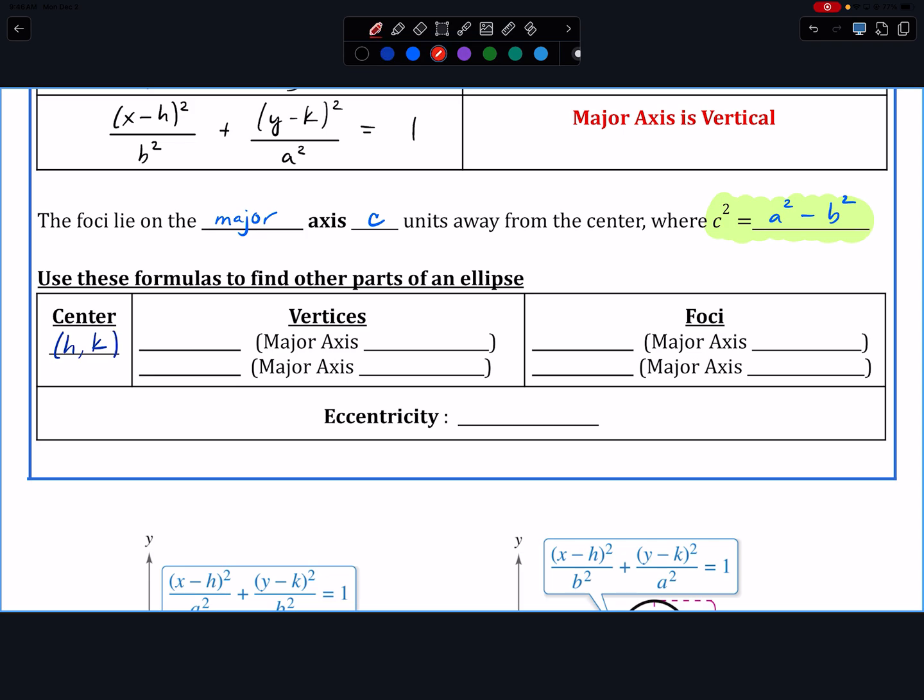If your major axis is horizontal, then the vertices are going to be h plus or minus a comma k. If your major axis is vertical, then the vertices are going to be h comma k plus or minus a.